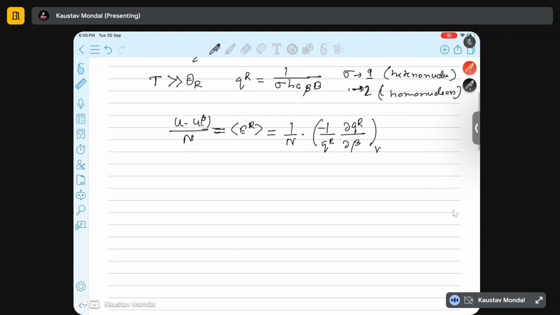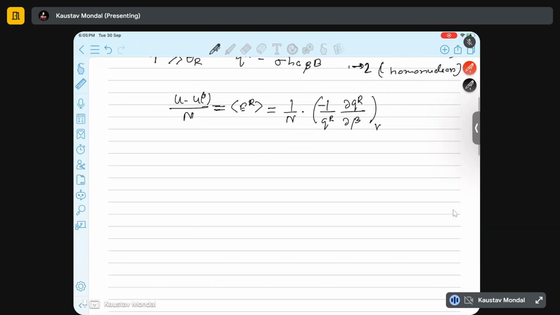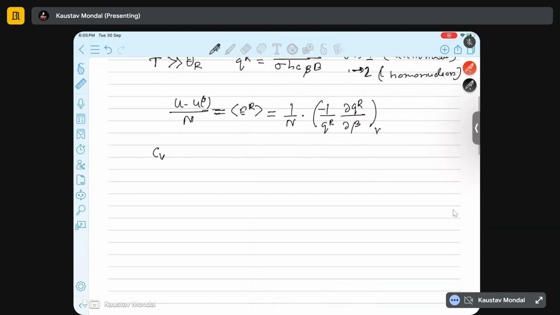From here, to calculate CV rotational for a mole, with NA meaning mole, that is del ER by del T at constant volume. That basically gives us k into NA, or R. So that is what we have done.